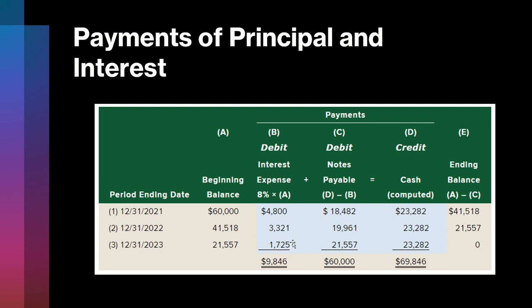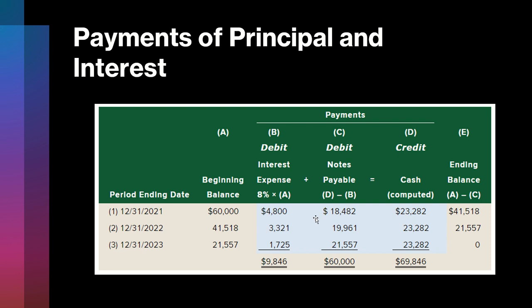Interest expense goes down as the years go on, but the principal balance gets reduced more as the years go on. This is how I like to set up the chart to see how things work when it comes to figuring out the interest expense per year that needs to be recorded in the books, and also the notes payable that needs to be reduced per year in the books as well.